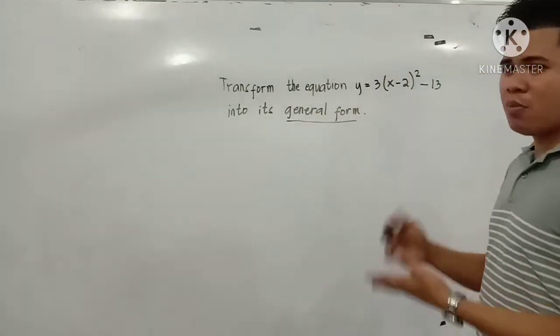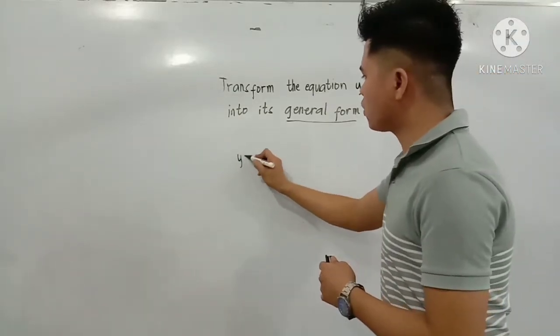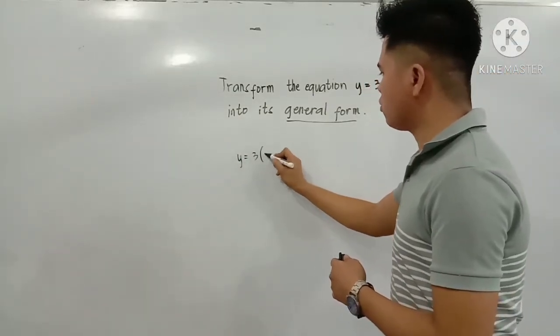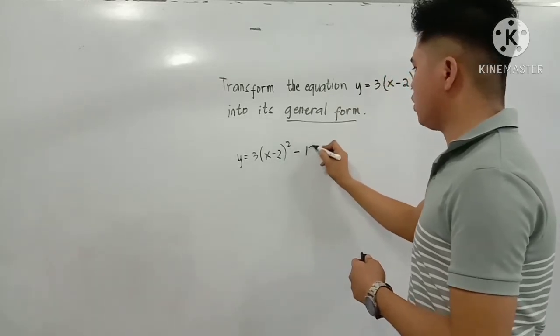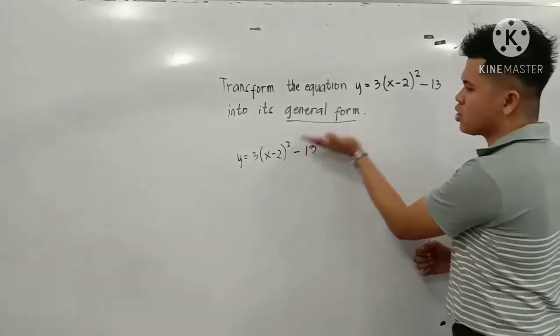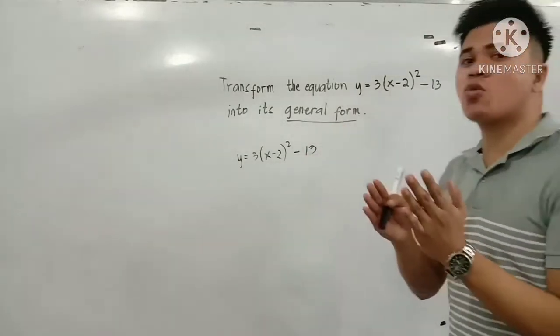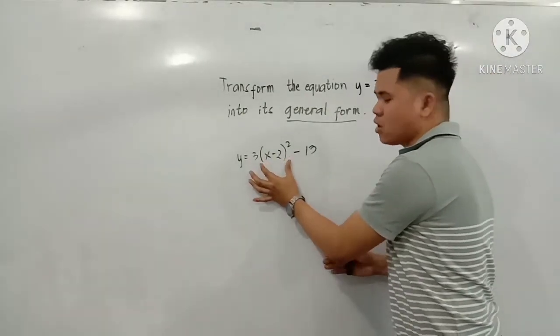So, simply we have to copy the given equation. Y is equal to 3 times x minus 2 squared minus 13. In order to transform this one into general form, we have to expand first the terms that is being squared.